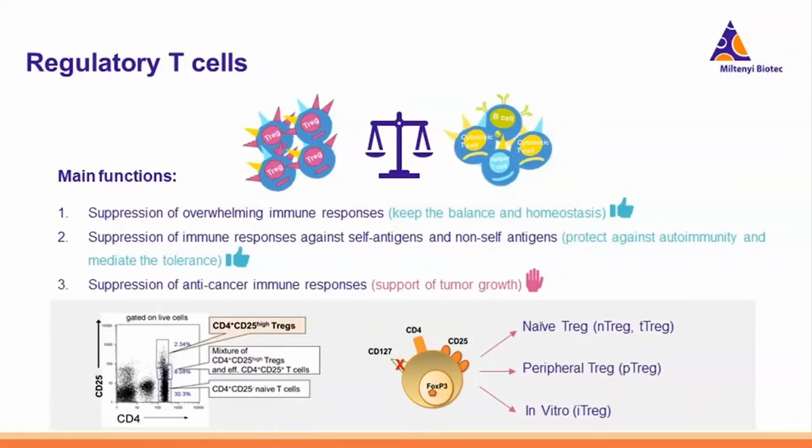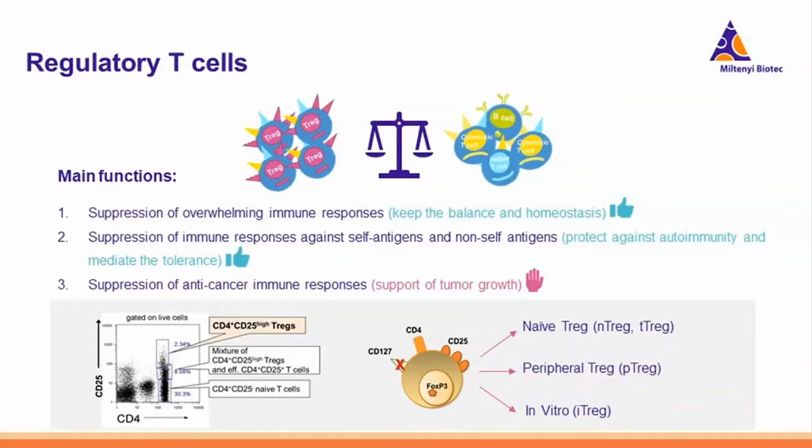And Tregs have no unique surface marker. They are characterized by a combination of surface markers. In general, Treg cells express CD4 and CD25 and are identified by the absence of marker CD127. And naive Tregs can be identified by additional markers like CD45RA.